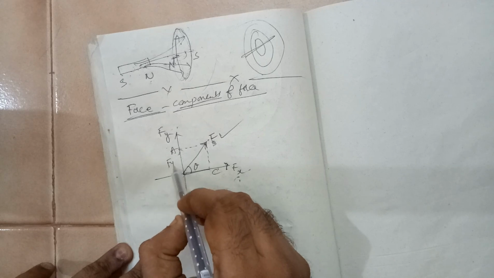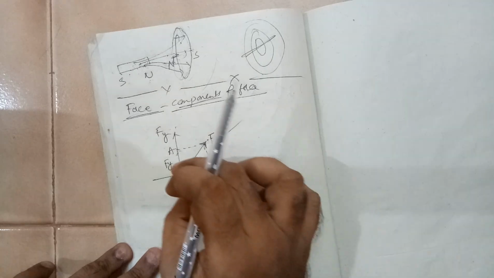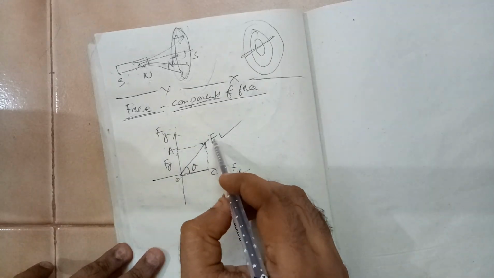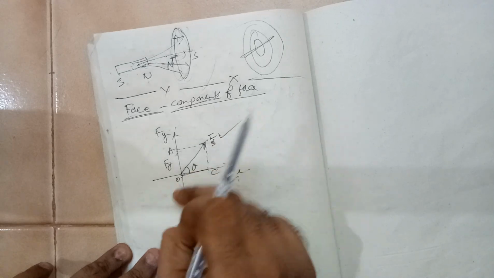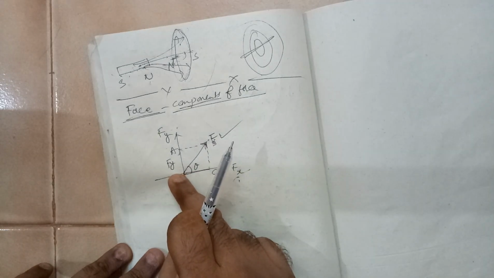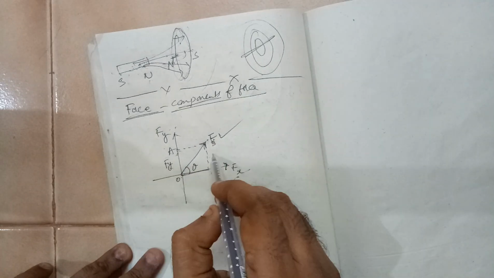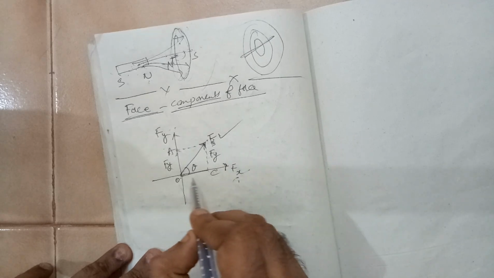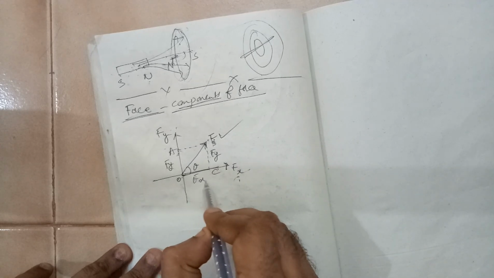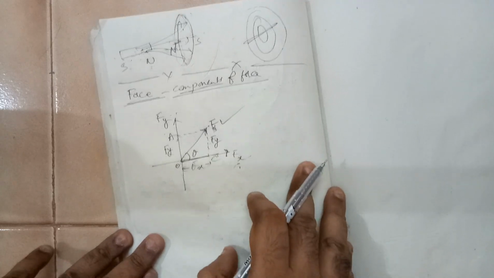F is the magnitude of the force F, Fy is the magnitude of the force Fy. So if this is Fy, this will be Fy, and this is Fx, the magnitude part.